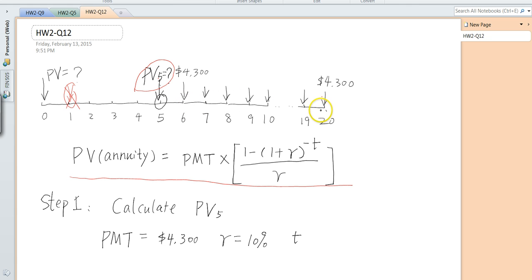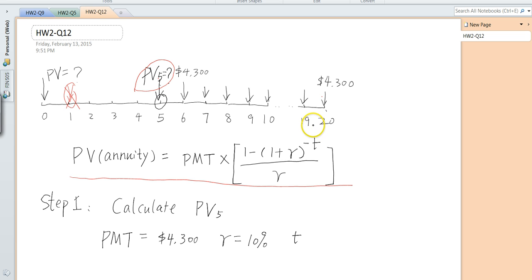You may be tempted to think that, okay, it's the difference between 6 and 20, so that's 14. But that number is wrong because you didn't count 6. By taking the difference between 6 and 20, you are actually counting the number of years between year 6 and year 20. So that's what this 14 means. You have 14 years to go between year 6 and year 20.